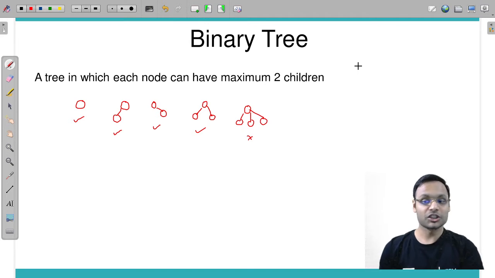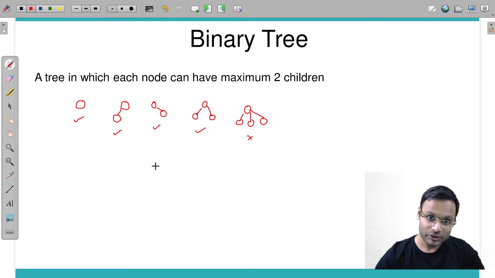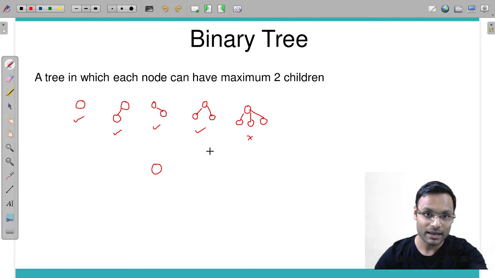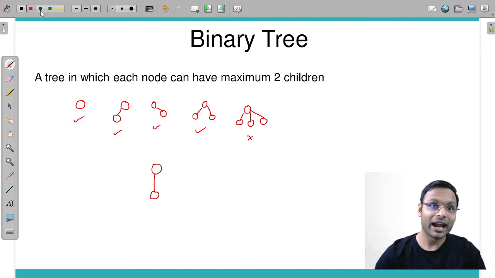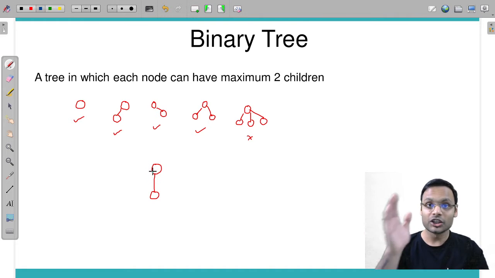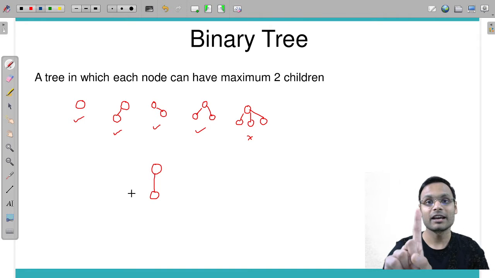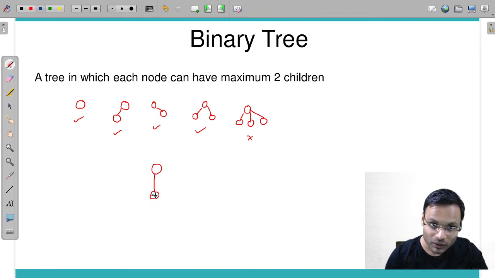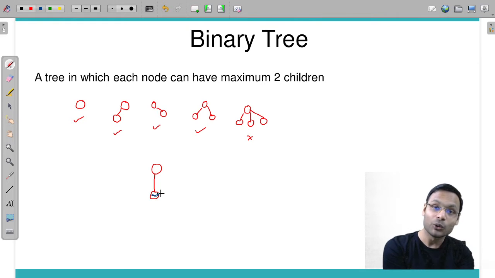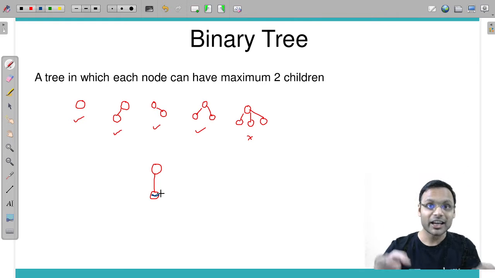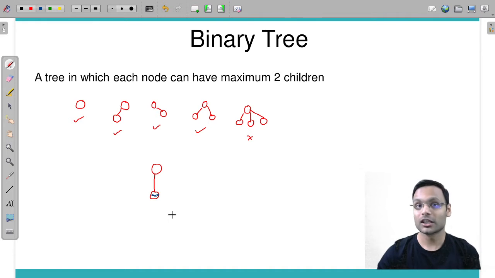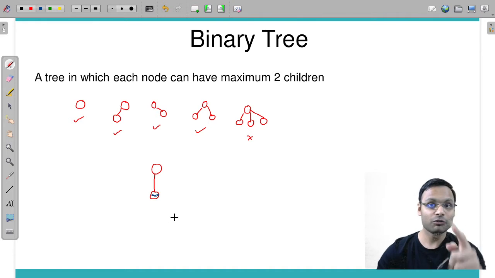That's why the restrictions become more. So this is an example of a binary tree, but it does not fulfil the restriction: if a node has a single child, it should be counted as either a left child or a right child. It cannot be counted as a regular child.